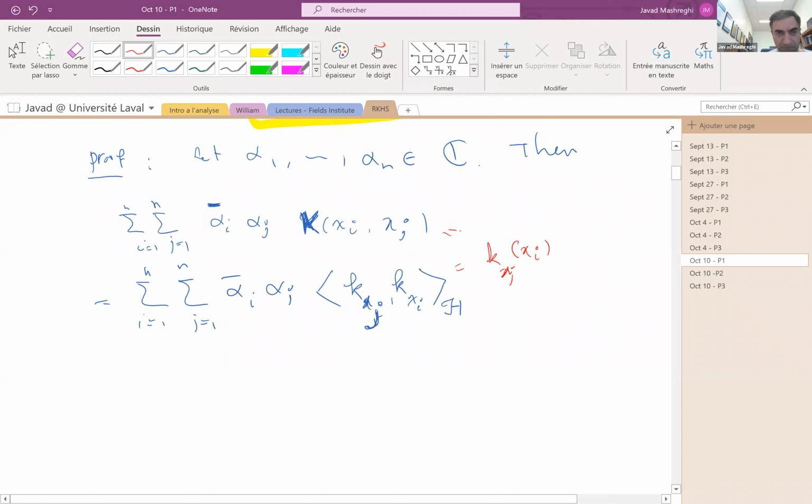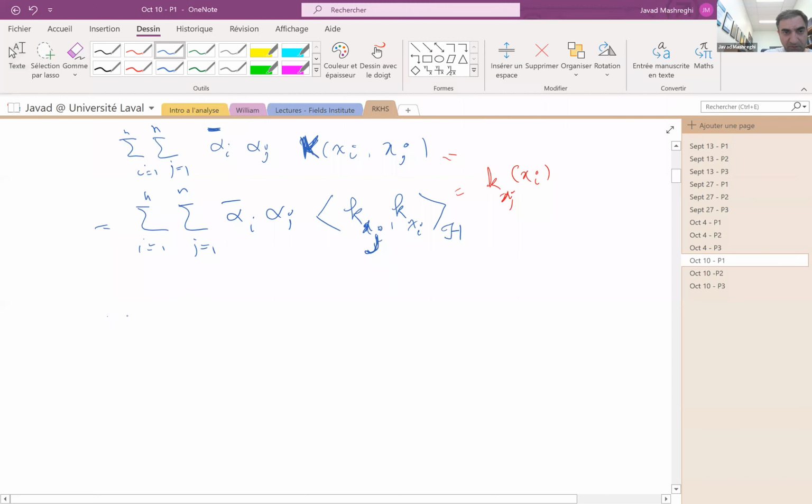And now you see why I put the bar on alpha i, even though it really doesn't matter, because now I can take alpha i inside on the second variable and obtain alpha j in the first one, alpha i on the second one.